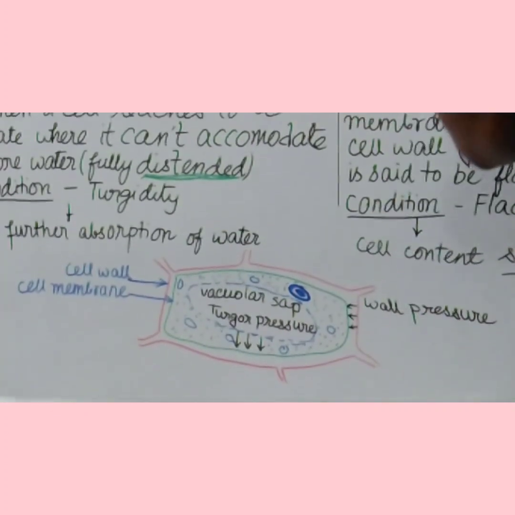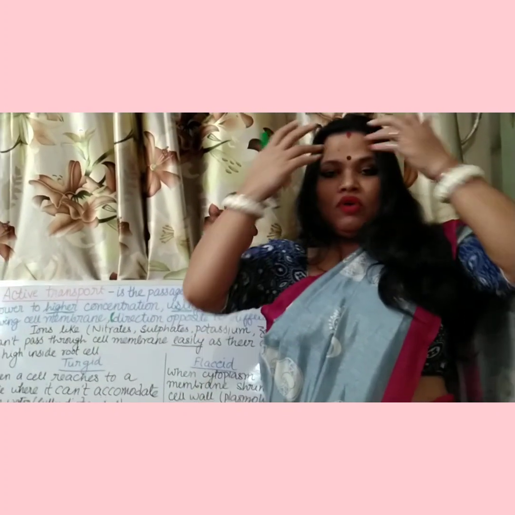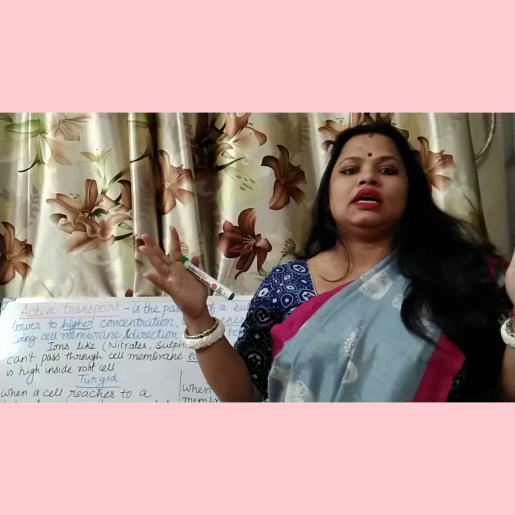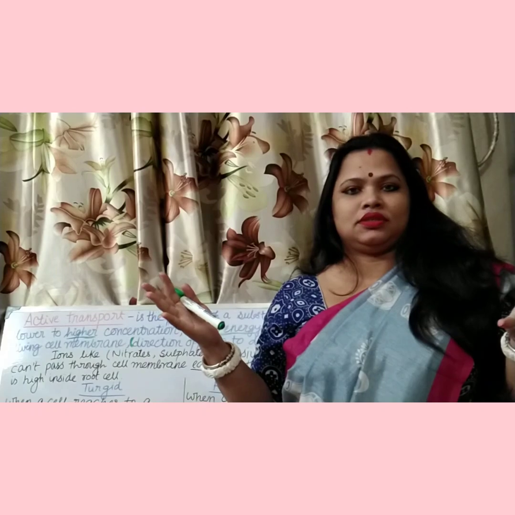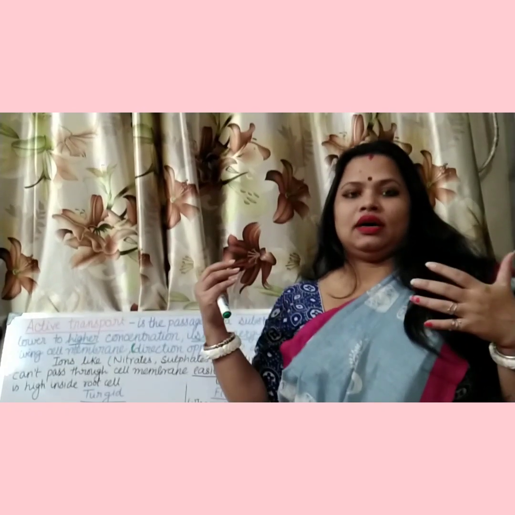If the turgor pressure exceeds the wall pressure, then the cell will burst. This happens if you put an already turgid cell into a hypotonic solution.